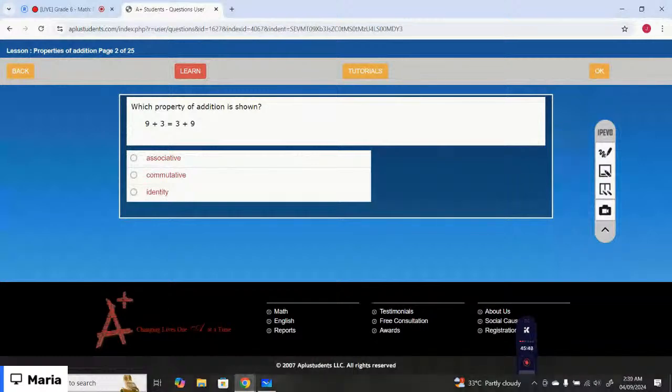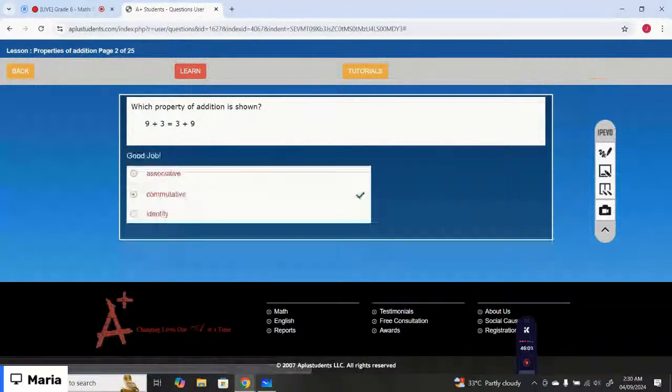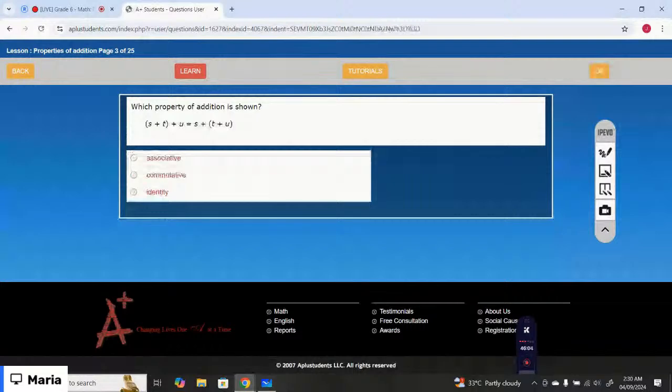When you have two numbers on both sides, just the order of addition is different, the numbers are the same. That is known as the commutative property of addition. So the correct option is commutative. Whether you do 3 plus 9 or 9 plus 3, the answer is always 12, right?